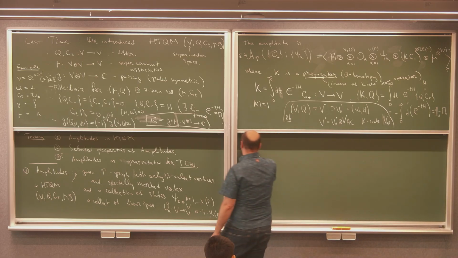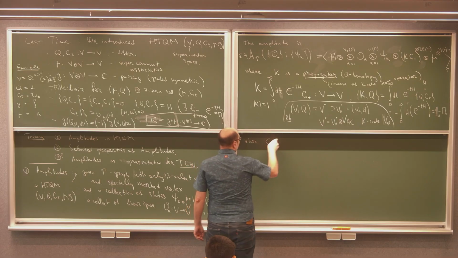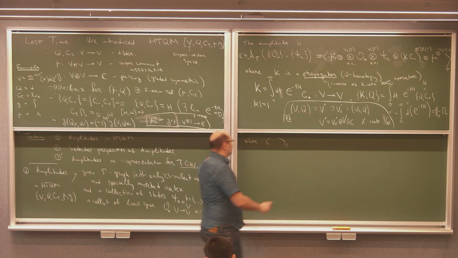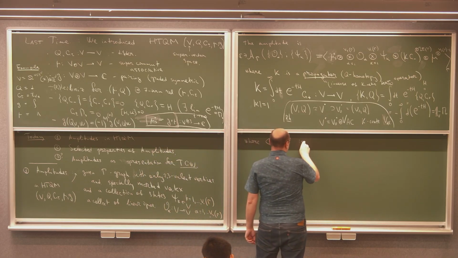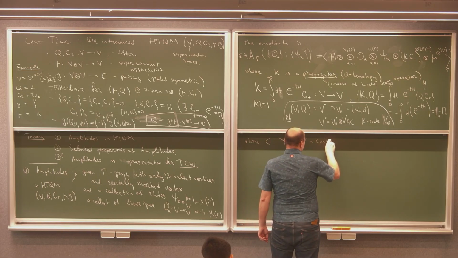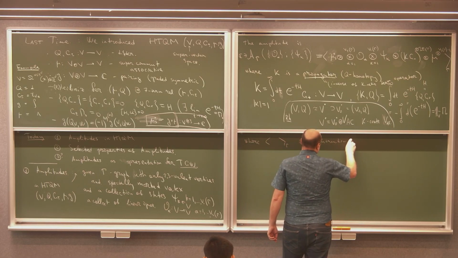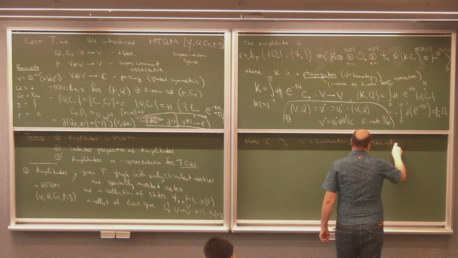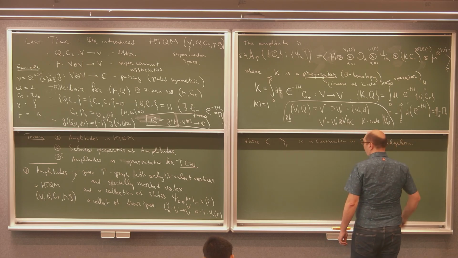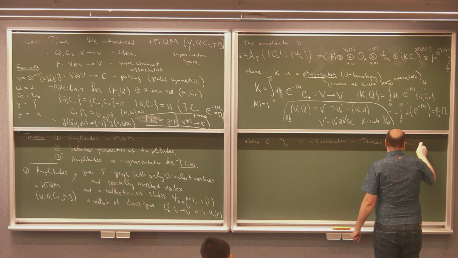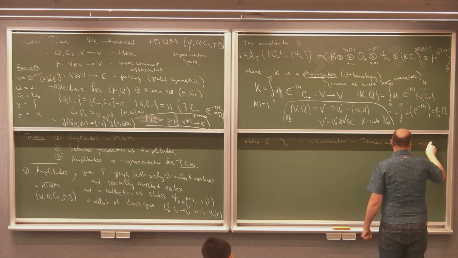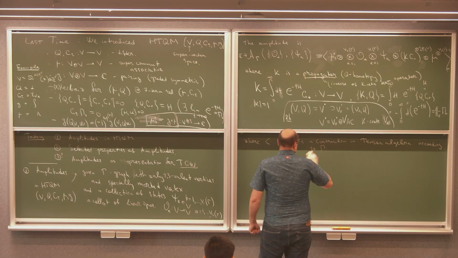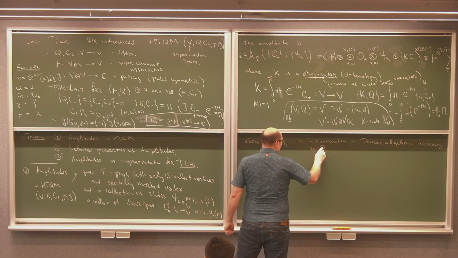Okay, that explains the notation K. And now I need to explain another thing, which is these brackets with gamma. This thing is a construction in vector algebra according to gamma.